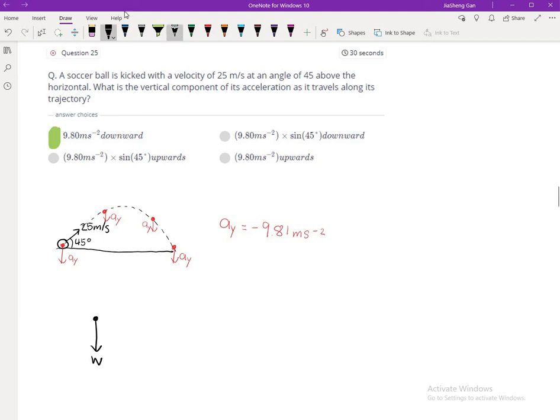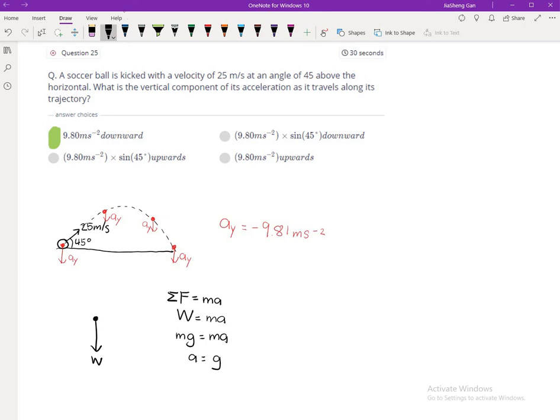So we can do sum of F equals ma, and since the only force is weight, mg equals ma. Therefore a equals g.